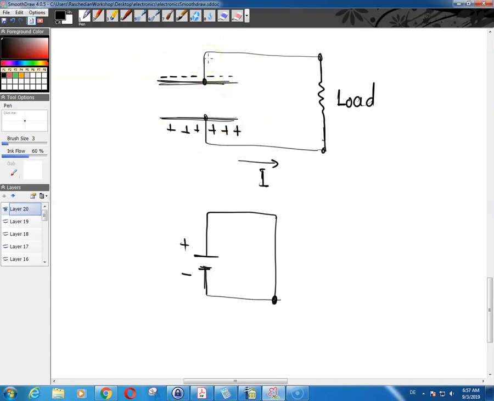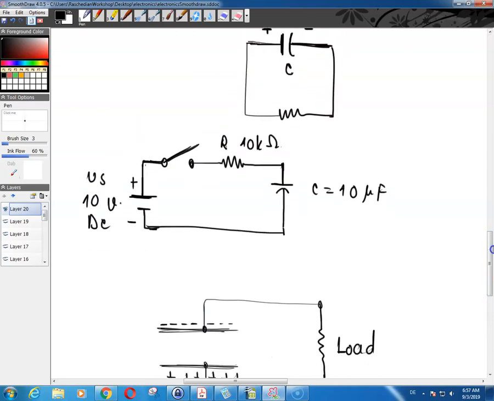So now, coming back to this capacitor, this capacitor will be charged up to 10 volts.